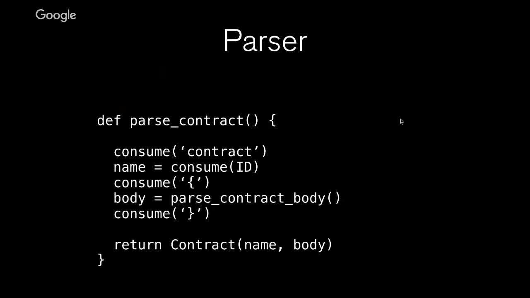After that, we return a node for the AST with the name and the body of the contract. Now, this consume function I just invented here is going to advance to the next token and check if it is equal to its argument.